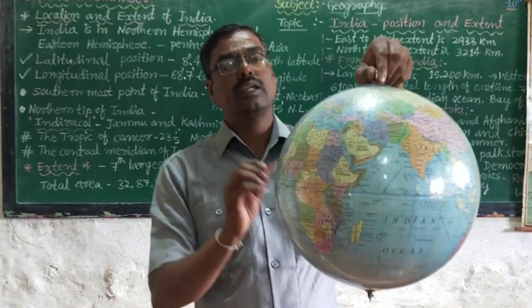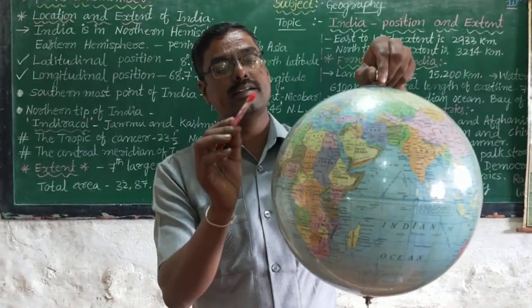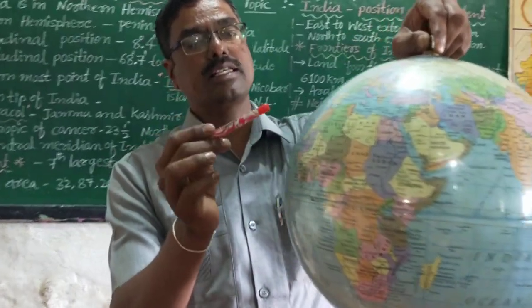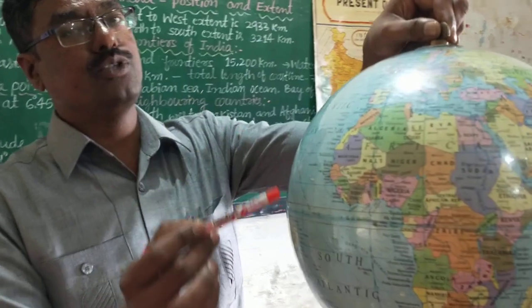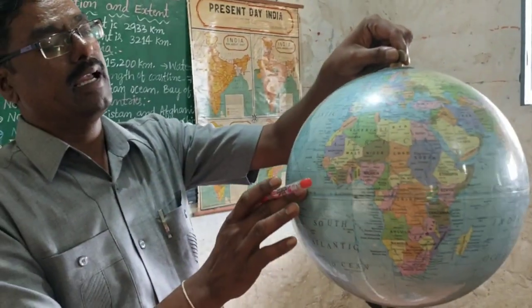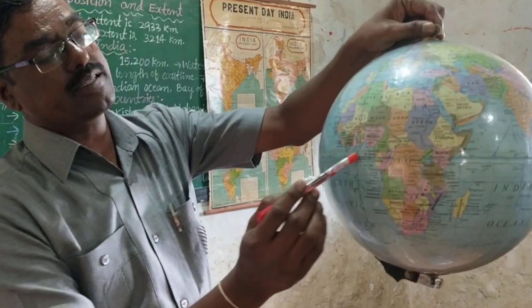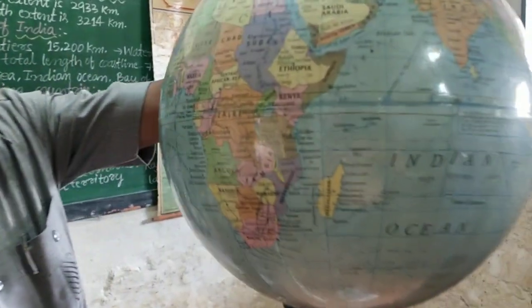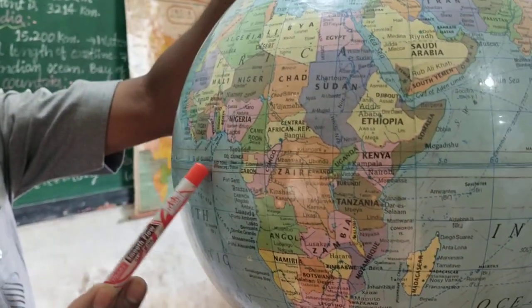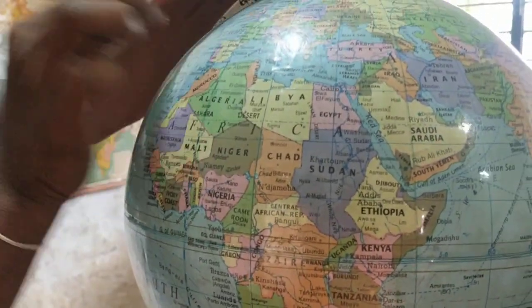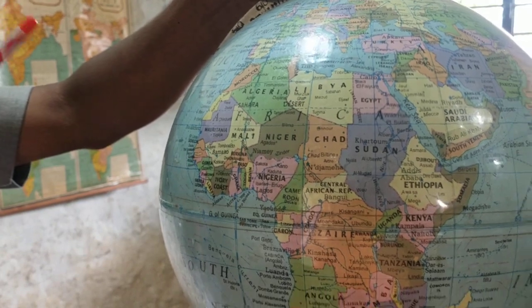Through globe, we can understand continents, water bodies, distance from one place to another place, time zones, etc. by latitudes and longitudes. This is called 0 degree latitude. It is called equator. Upper part of equator is called northern hemisphere.